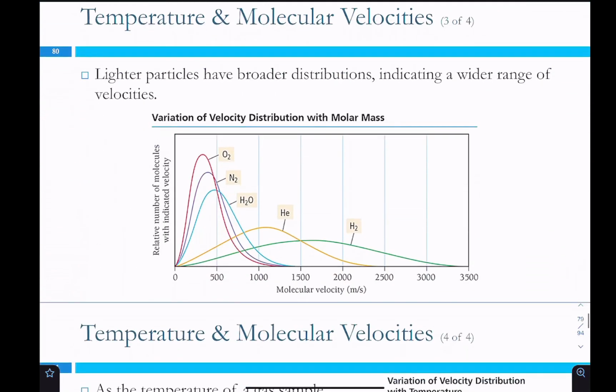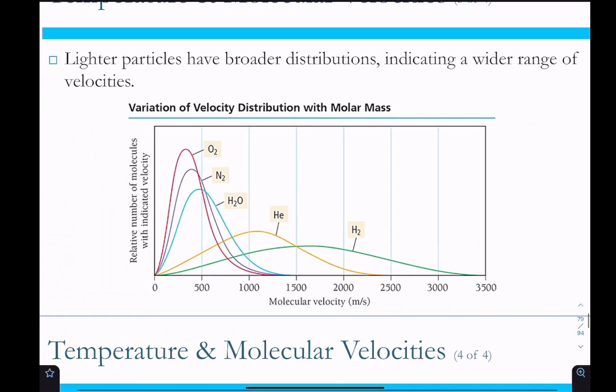I think we did look at this also. Lighter particles have broader distributions. If you look at the particles of helium or hydrogen, they're lighter, so you have more particles moving slower and more particles moving faster. They're more spread out over all the possible velocities. Whereas oxygen and nitrogen, which are heavier, and as you get even heavier, like xenon, are going to be even more confined to a narrower range of velocities.